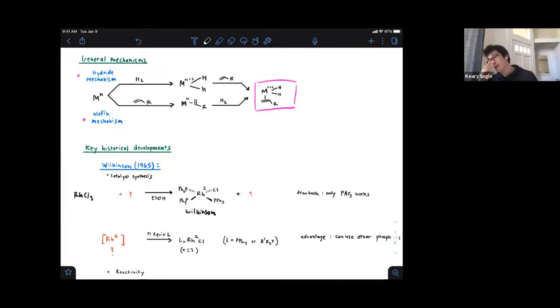Normally, if you want to take metals back to their simplest form, metals want to be in a higher oxidation state, just because of air compatibility. So rhodium-3 is a good place to start.